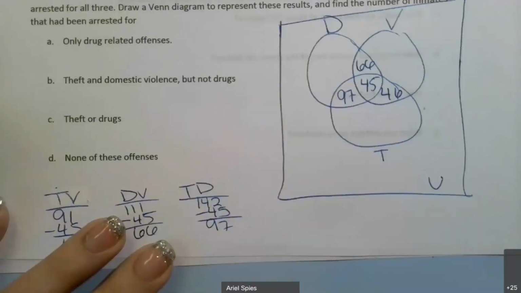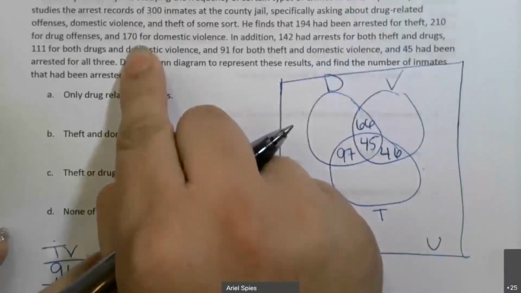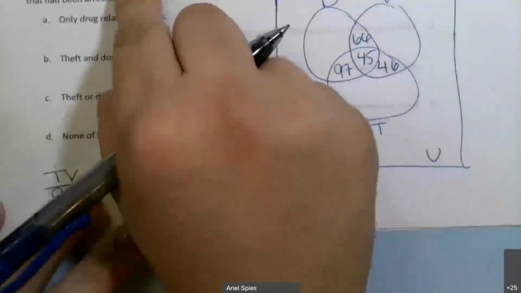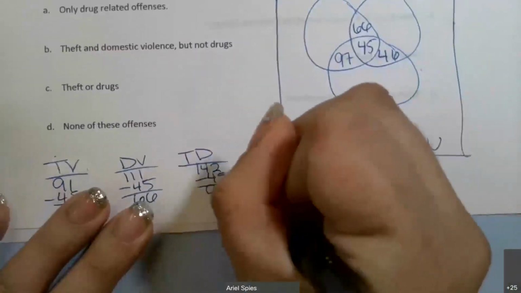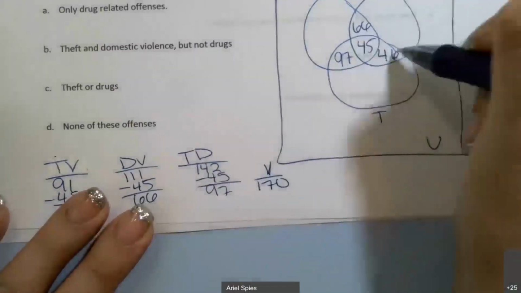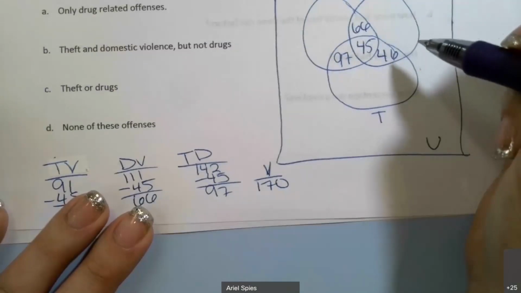Then my other sentences tell me how many people have been arrested for the total crime. So 170 total people were arrested for domestic violence. So what I want to do is, that was V for violence. I want to do 170 minus all three numbers inside the violence circle.